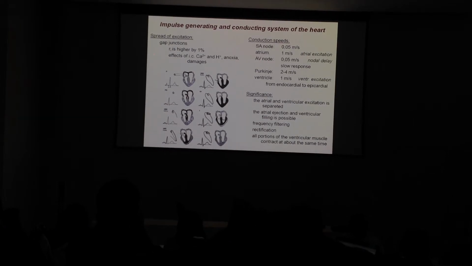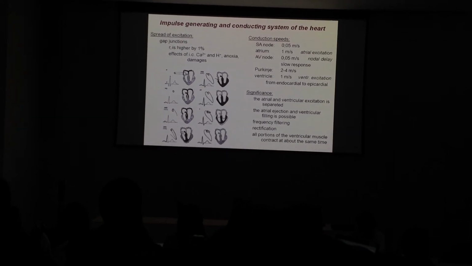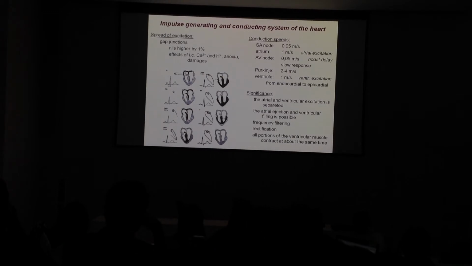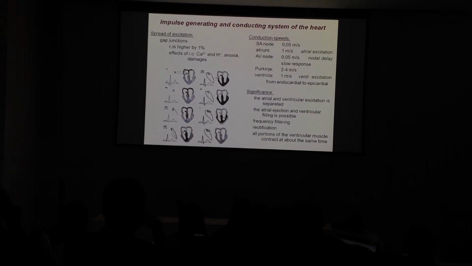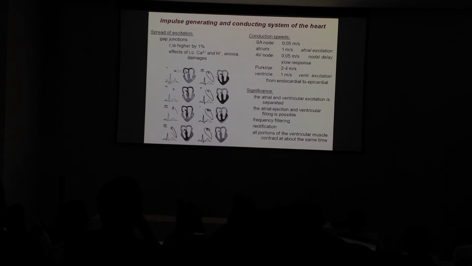Okay, this gap junction can change in certain pathological situations. The gap junction resistance can be higher, for example, if the intracellular calcium concentration is higher, if there is a hypoxic milieu and the oxygen supply is not proper, if acid metabolic products accumulate, or if there are mechanical damages.